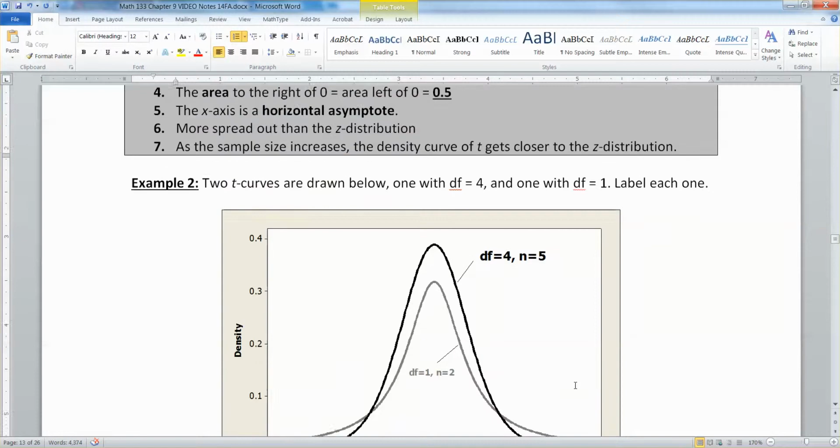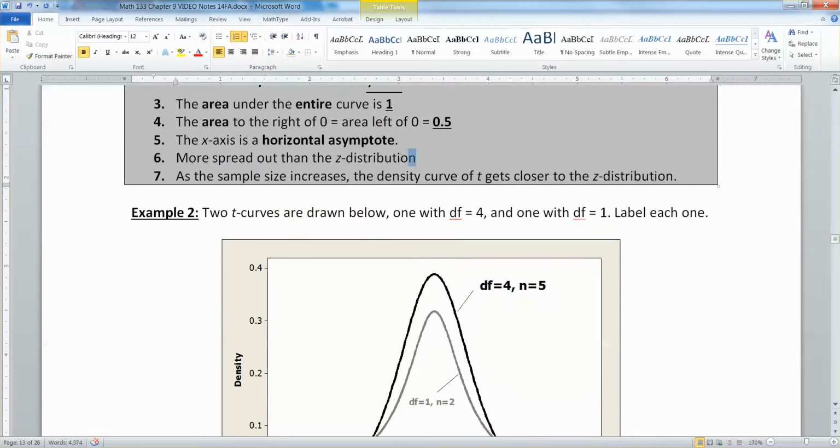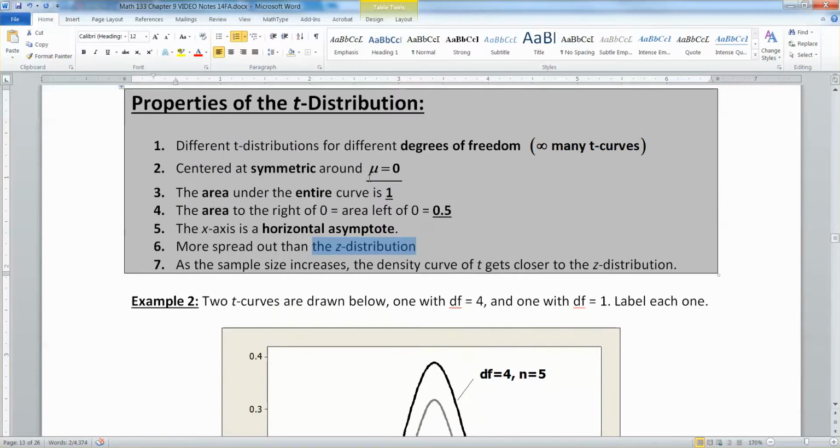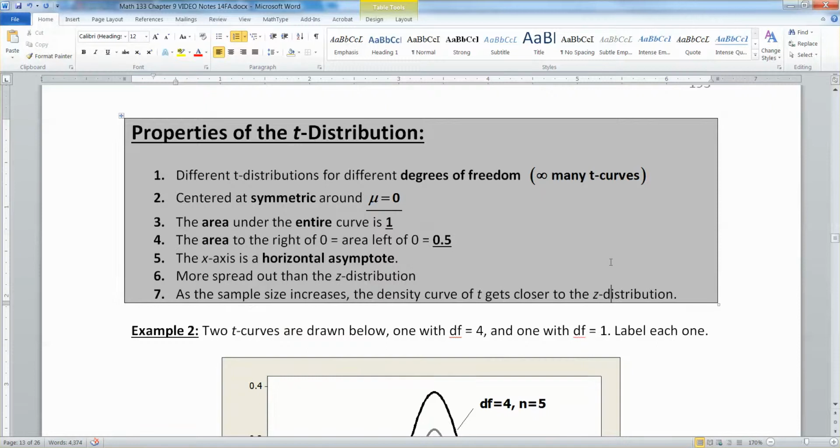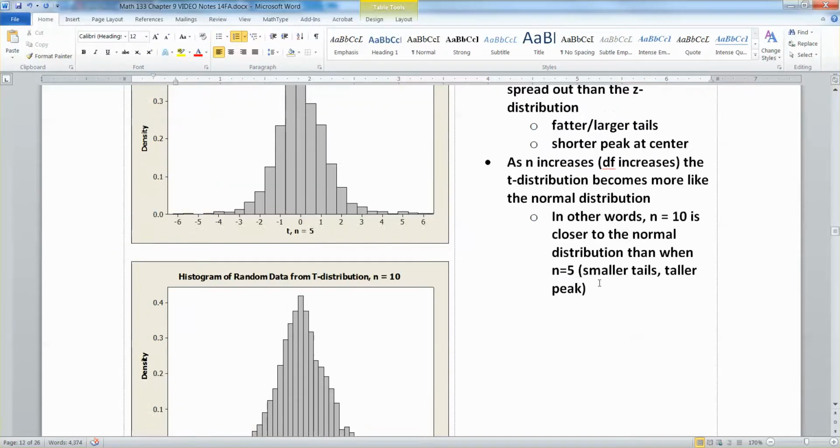But the t distribution is more spread out than the z distribution. It has a higher standard error, if you will. And last but not least, as your sample size increases, the density curve of t gets closer to the z distribution. As n increases, your degrees of freedom increases, the t distribution becomes more like the normal distribution.